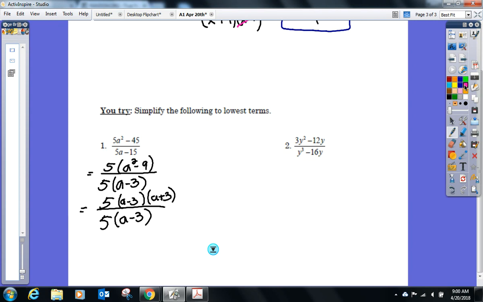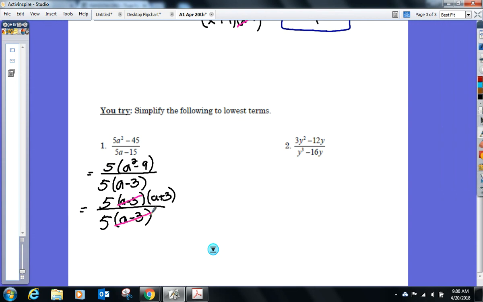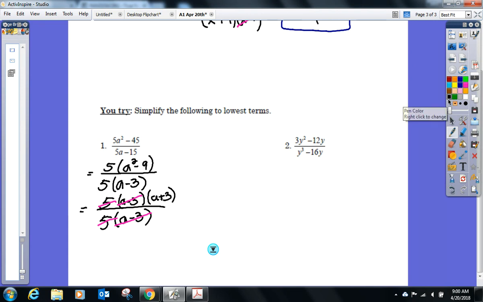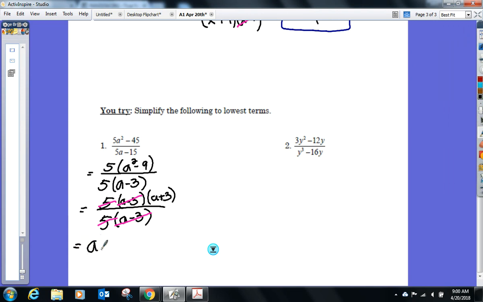Now that I'm all done factoring, what can I cross out? A minus 3s are gone. I agree. One on top, one on the bottom. Yep. And the 5s. Yeah, because you got one on top, one on the bottom. And what are you left with? A plus 3. Yep. You can put it over 1 if you want.